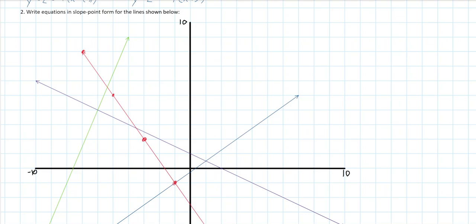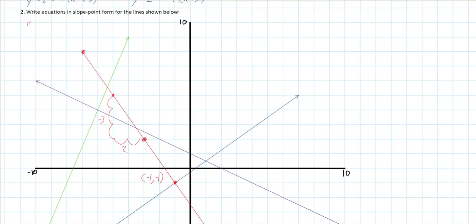I'm going to choose this point over here, which is negative 1 comma negative 1. And we need to look for the slope, which is going down by 3 and going to the right by 2. So negative 3 and positive 2. And there's our point.